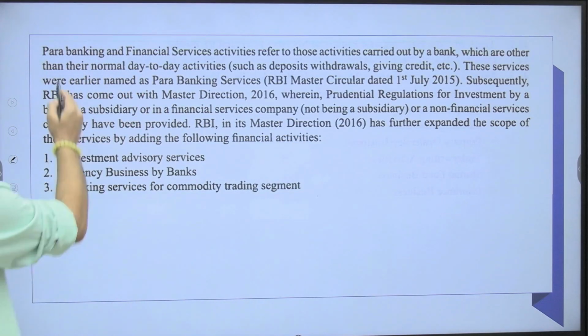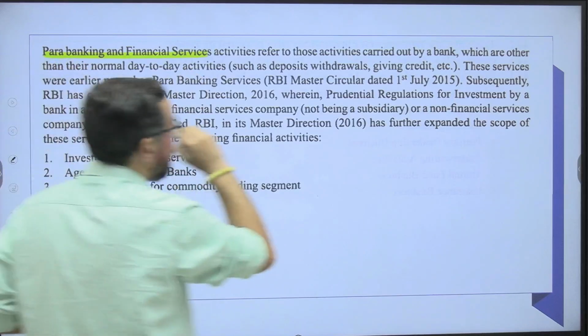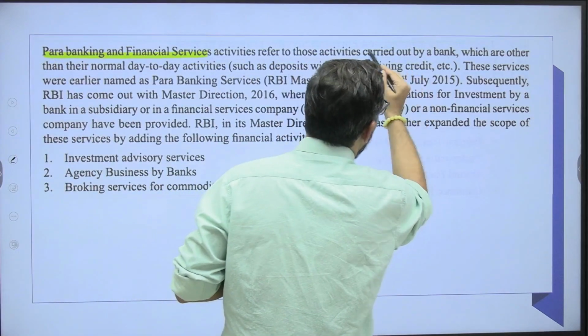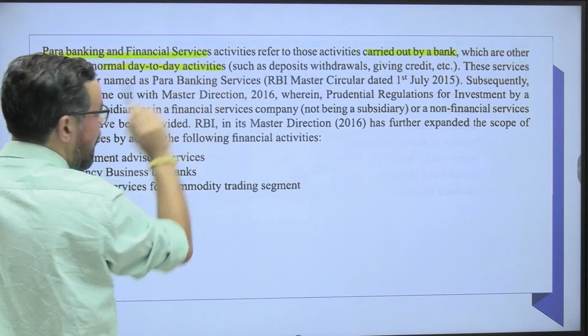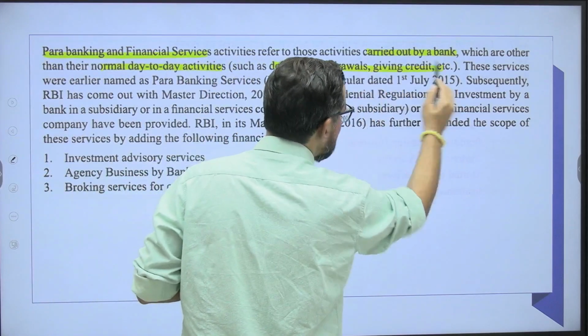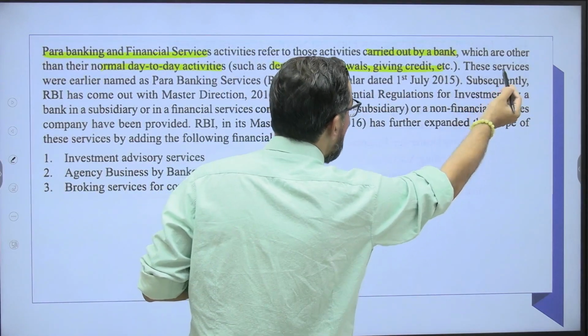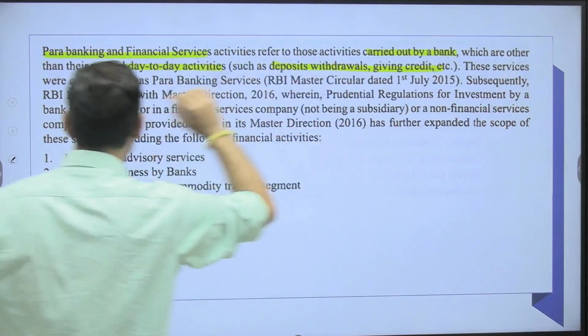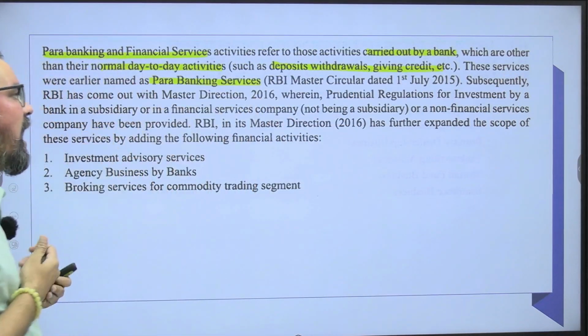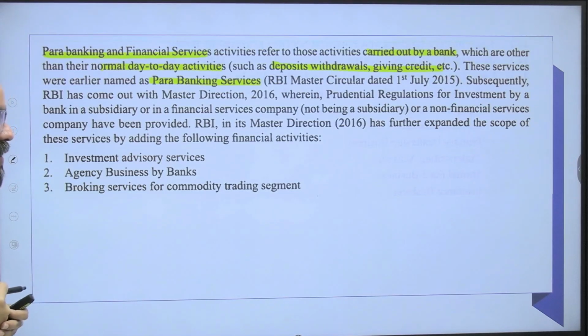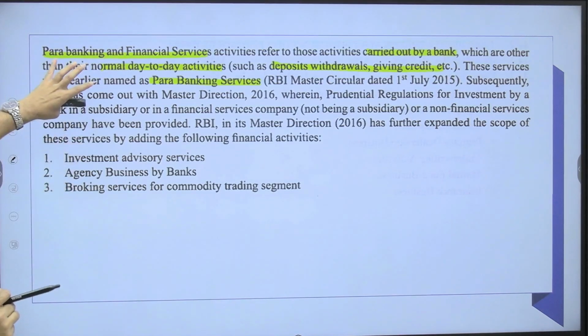Okay. So para banking and financial services activities refer to those activities carried out by bank which are not the normal day-to-day activities like deposit withdrawals or deposit and advances, even advances also. These services were earlier named as para banking services, per RBI Master Circular 1st July 2015.